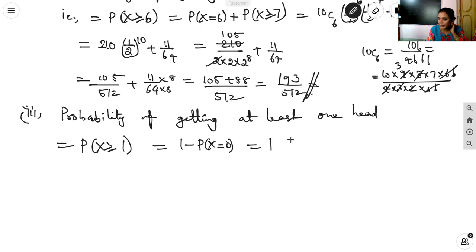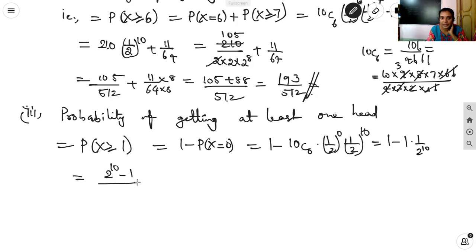It is equal to 1 minus 10C0 (1/2)^0 (1/2)^(10 minus 0 is 10). This is equal to 1 minus 10C0 is 1 into 1 by 2 power 10. It is equal to (2 power 10 minus 1) by 2 power 10.